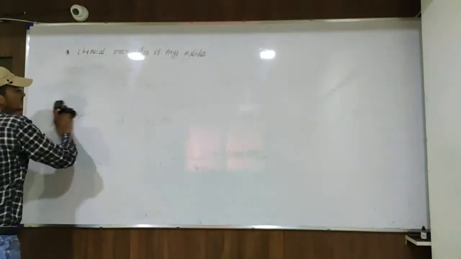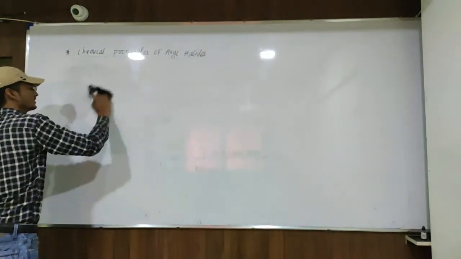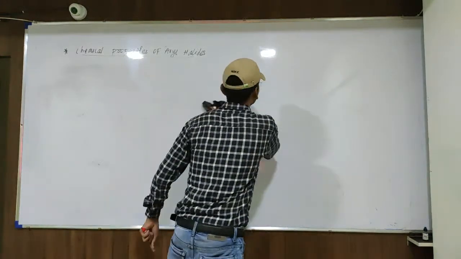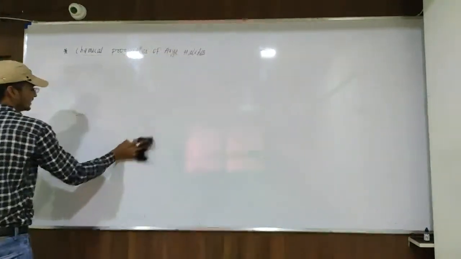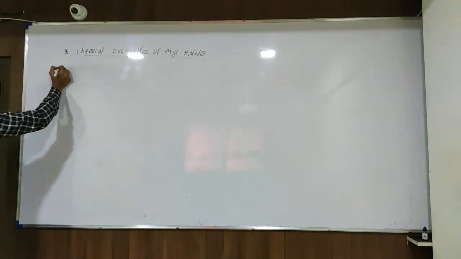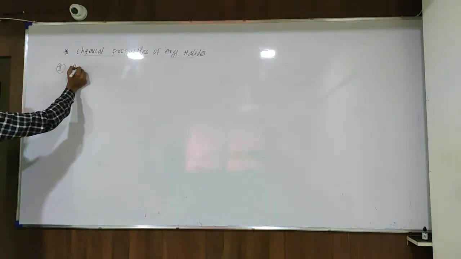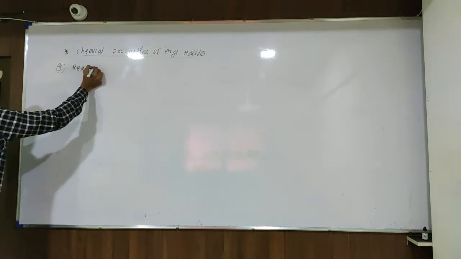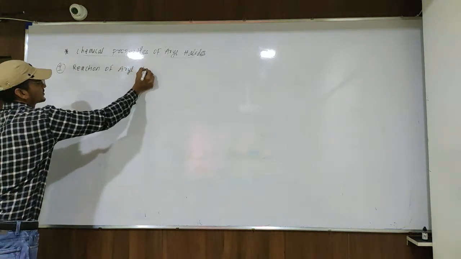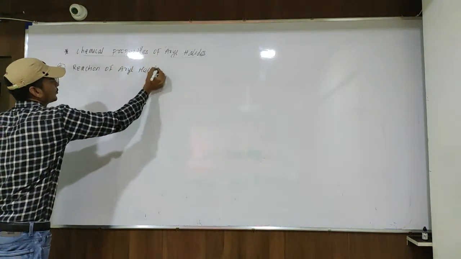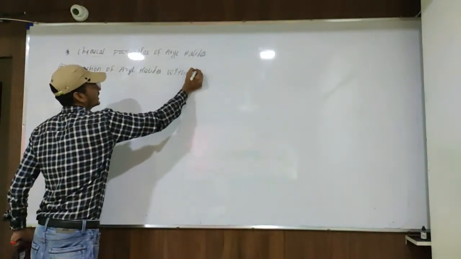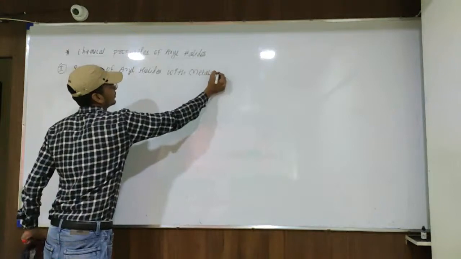Okay, so the second type of reaction is the reaction with metals. So you know that metals, magnesium and sodium, these two metals show the reaction with aryl halides as well as alkyl halides. So that is nothing but the second reaction, reaction of aryl halides with metals. Metals are good conductors of heat and electricity, you know very well.